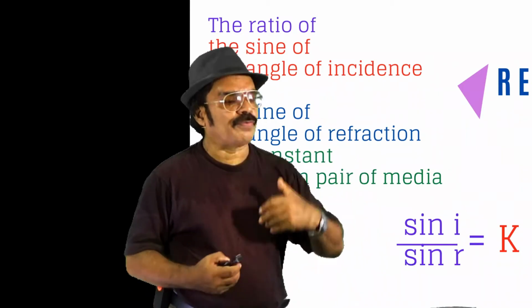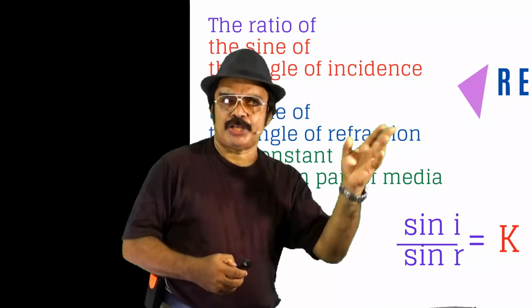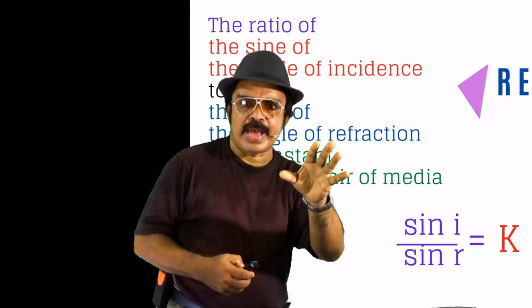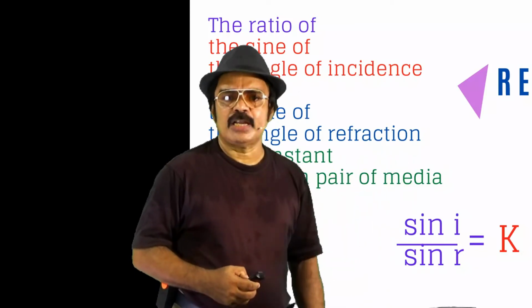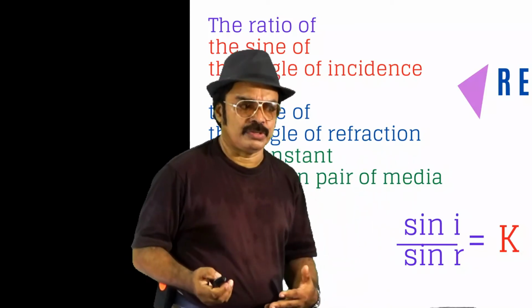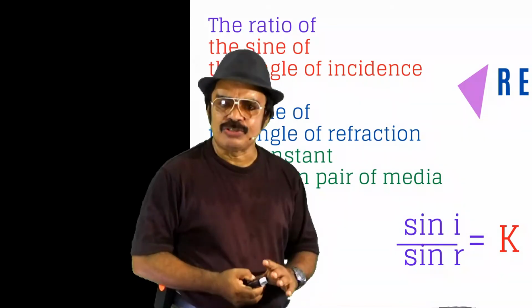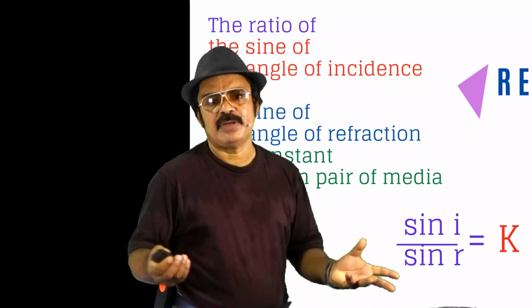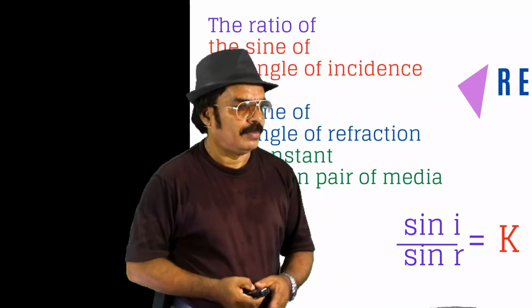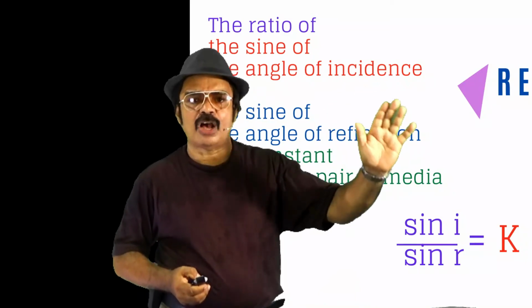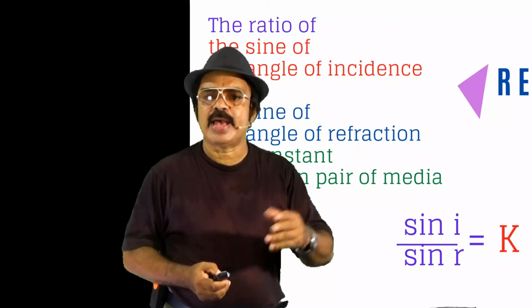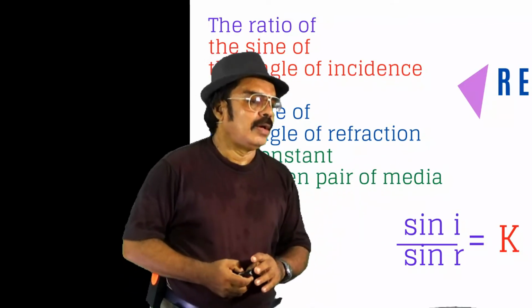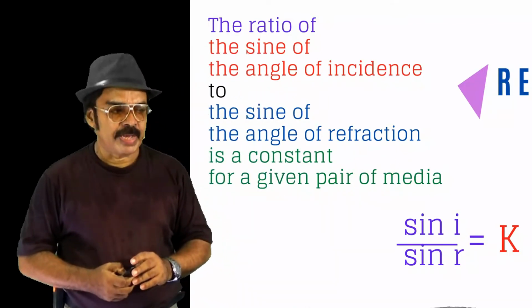The sine of the angle of incidence, to what? To the sine of the angle of refraction. It's a constant for what? For a given pair of media. The ratio of the sine of the angle of incidence to the sine of the angle of refraction is a constant for a given pair of media.